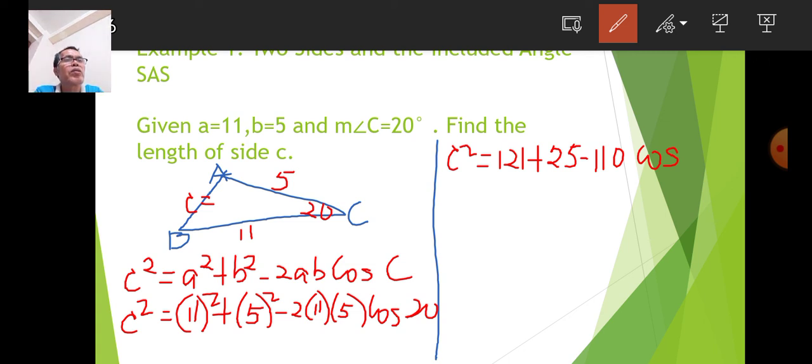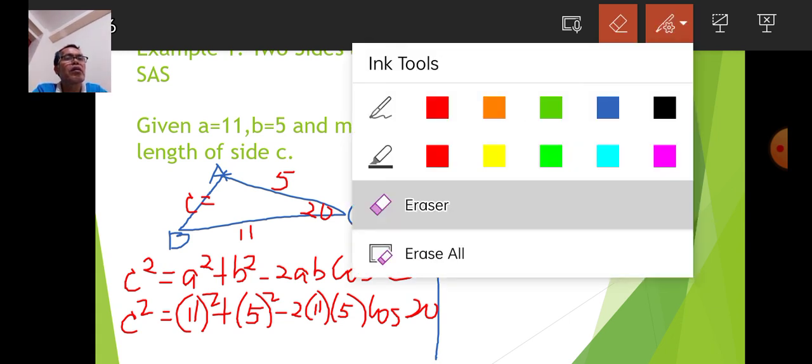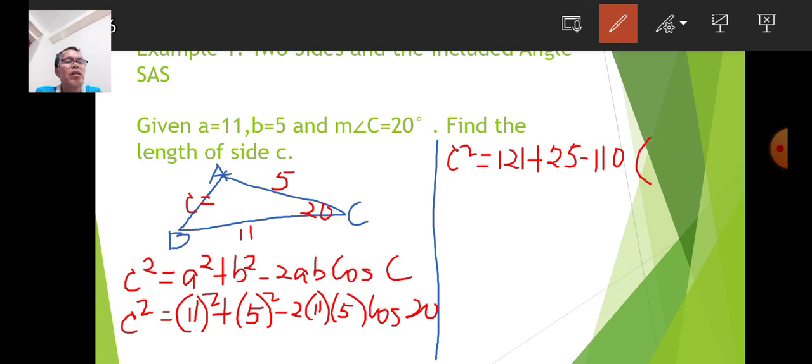So we are going to substitute the value of cosine 20. Cosine 20 is equal to 0.342.